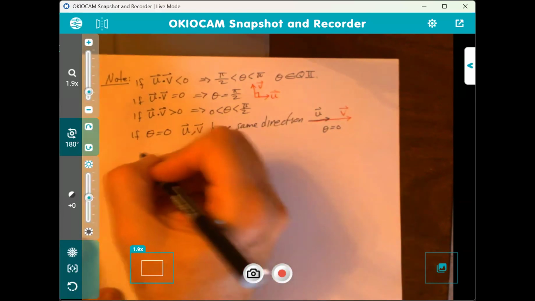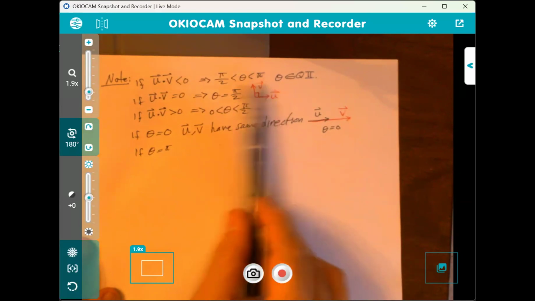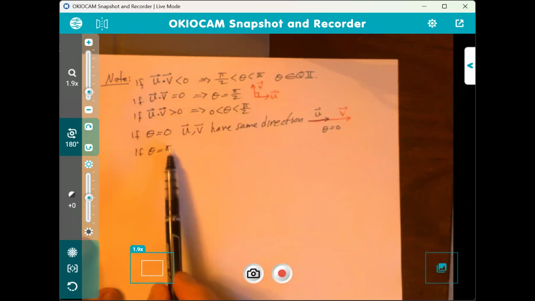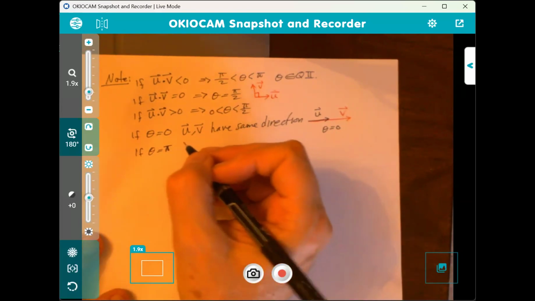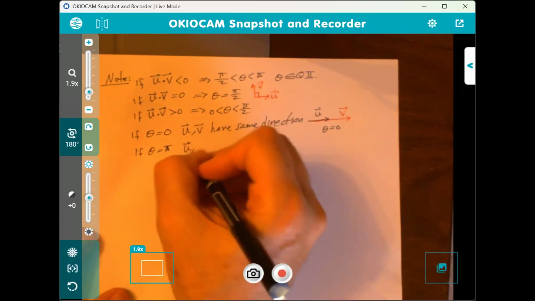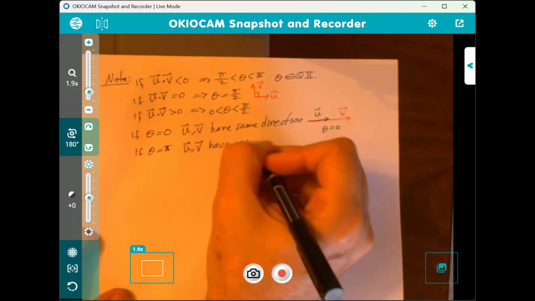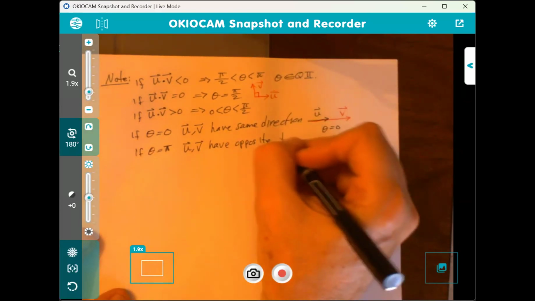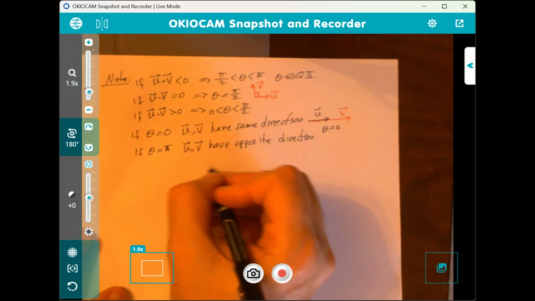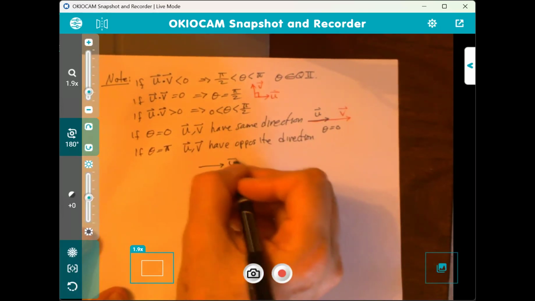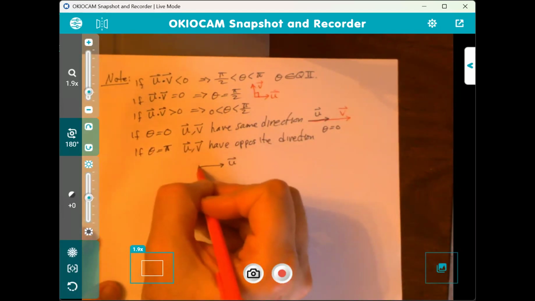What if theta is pi? Now we cover the entire spectrum from 0 to pi, including the endpoints. If theta does equal pi, then in this case, u and v have opposite direction. So that means, for instance, if this is vector u going to the right, vector v has to be going in the other direction.